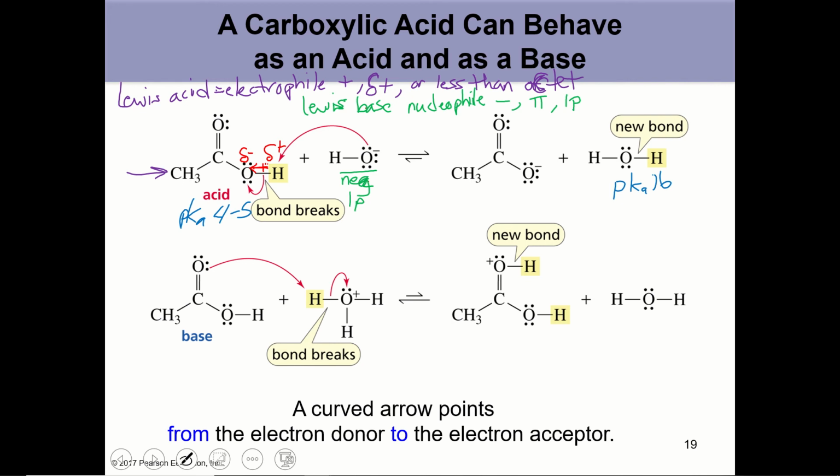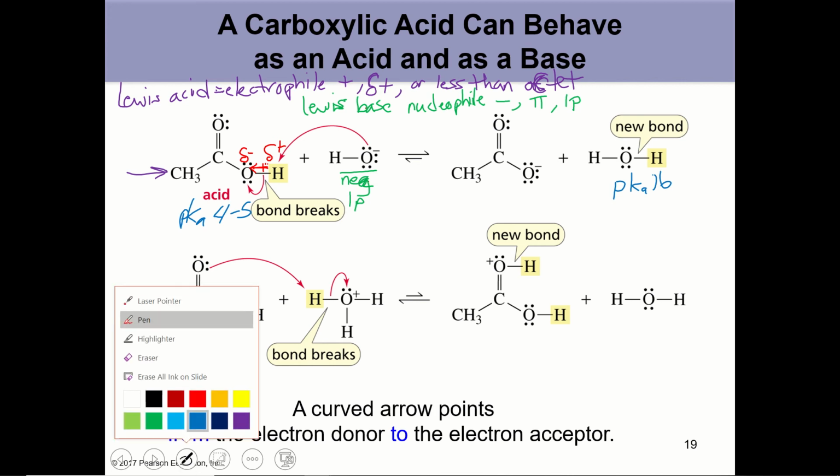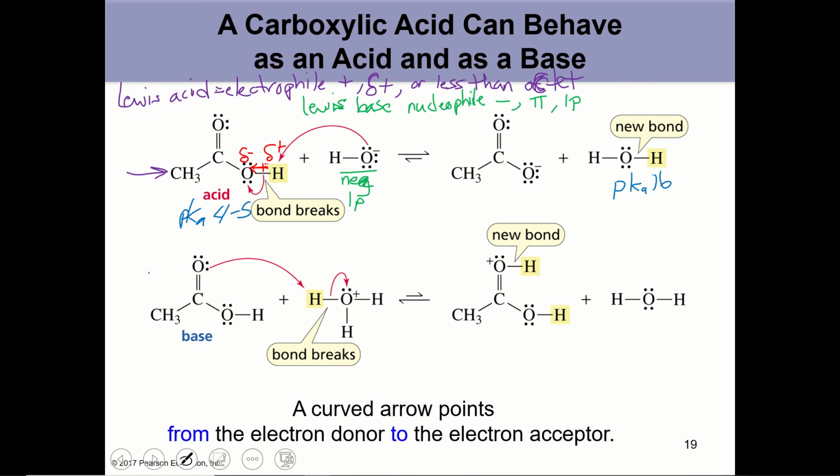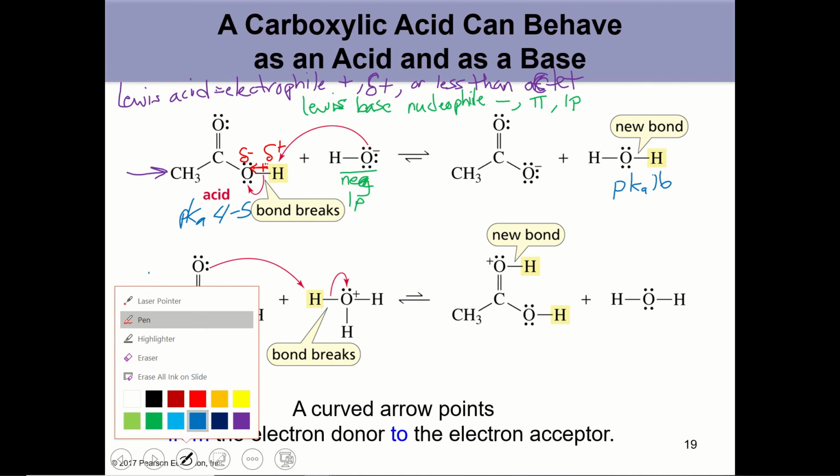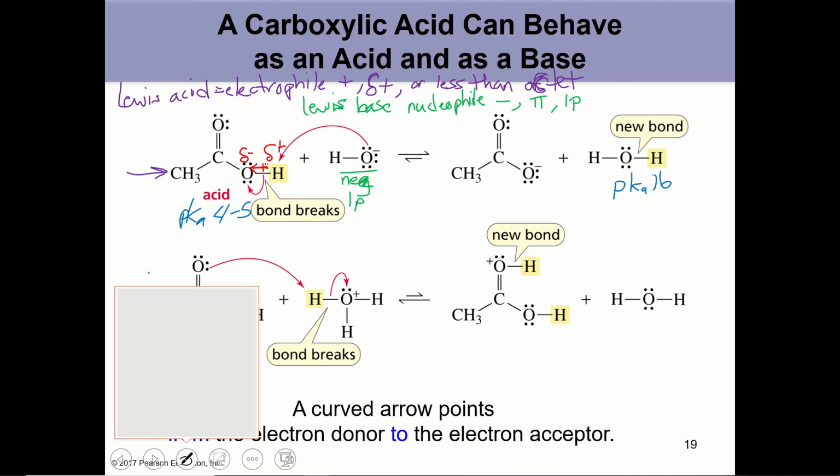If we look at the reaction below, where the carboxylic acid is acting as a base, we can show that the carboxylic acid has a lone pair and so is allowed to act as a base because of the lone pair.